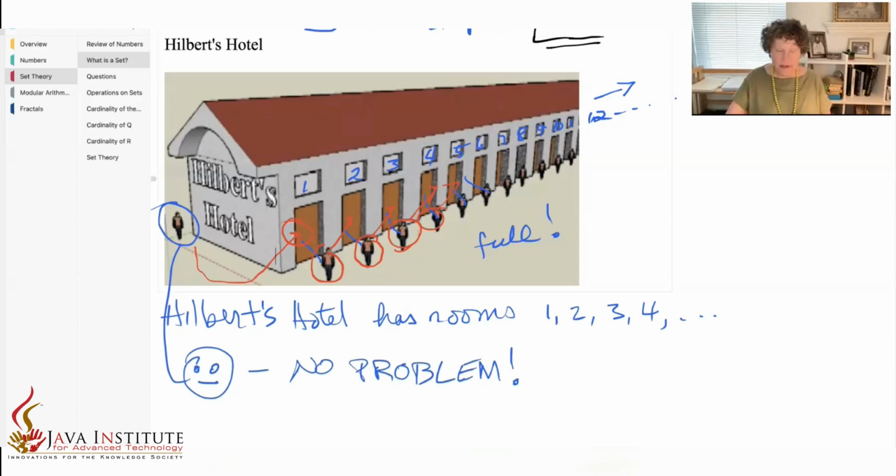Now I've got to get you something else here. So let me just do that in 1 second. This is in your handout, which you have online.